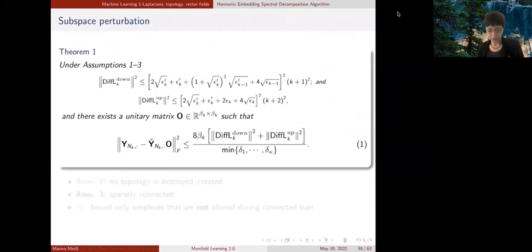So these epsilons bound the local changes. We can bound the error in the up and down Laplacian at any Laplacian k, so this is not just for the one Laplacian, by these individual errors.